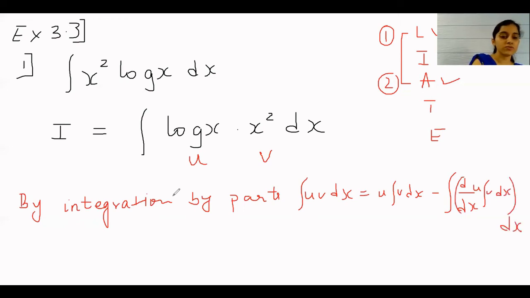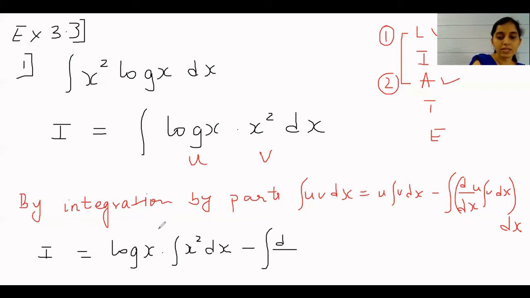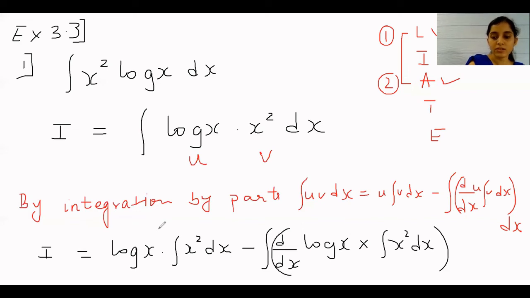We're going to use this for our function I. So I is equal to u integral v dx, log of x integral x square dx, minus integration of d by dx of log of x multiplied by integration of x square dx, dx.